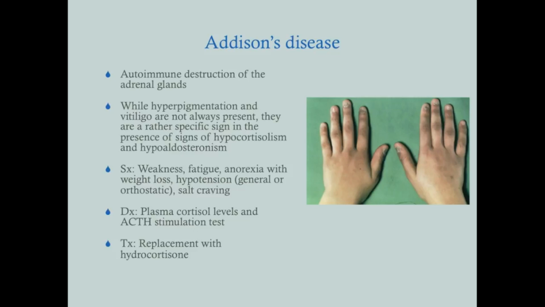We don't see TB in the US that much, so not really something that I think of personally a whole lot. And then CT abdomen may be useful as well. You can look for atrophy of the adrenals. That would point to Addison's. You can also look for calcification of the adrenals. That would point towards things like TB.